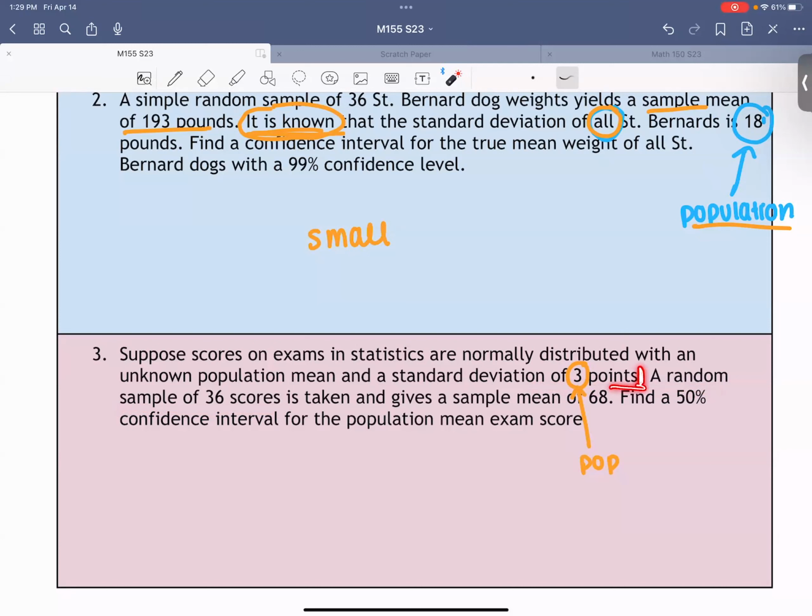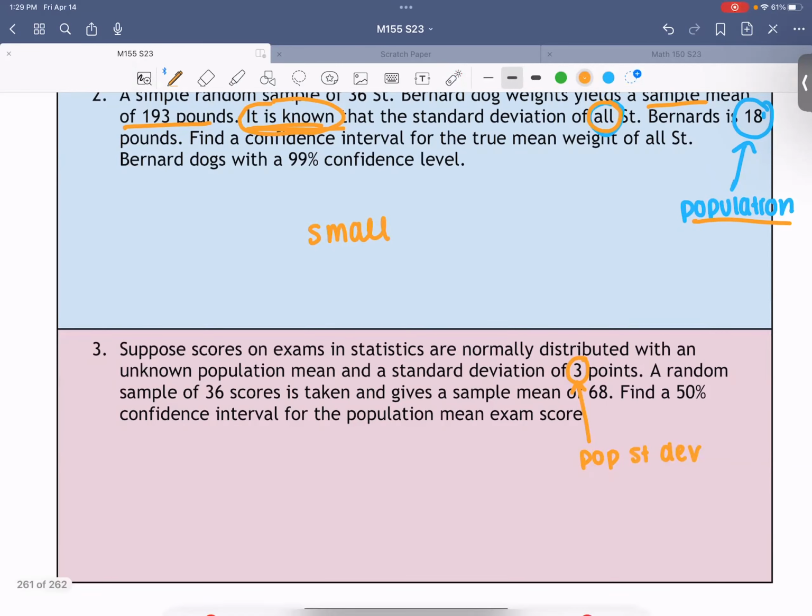So it wouldn't make sense to talk about the sample standard deviation if we didn't even know what the sample was in the first place, right? If the sample is talked about after the standard deviation is given, that's a big hint that we're talking about the population standard deviation. Okay. So which chart are we using? Big or small? Small chart, good.